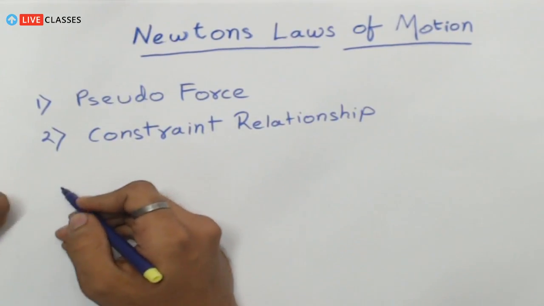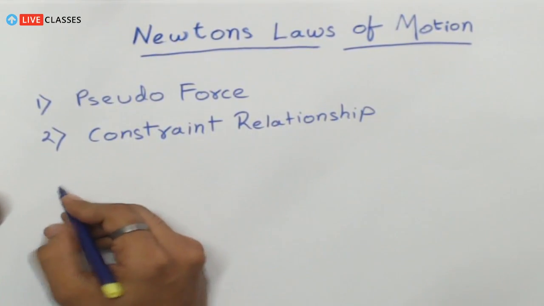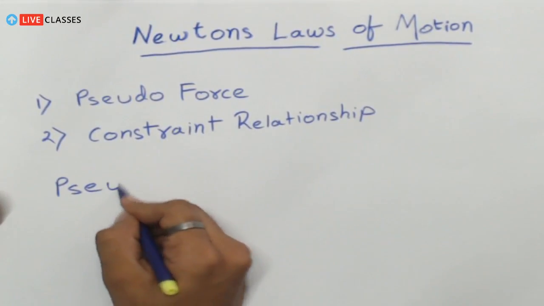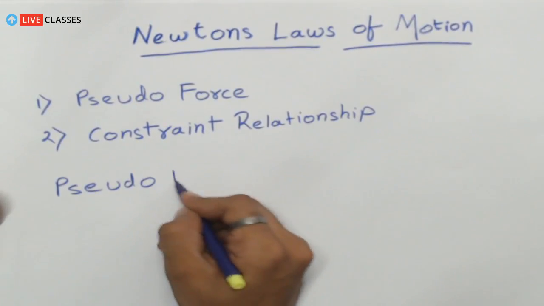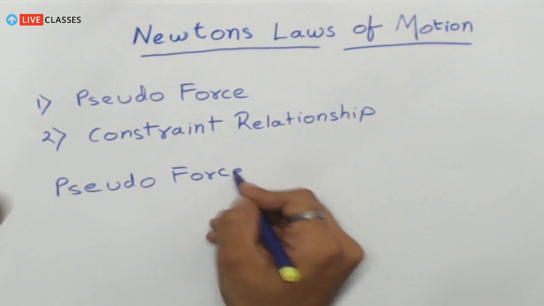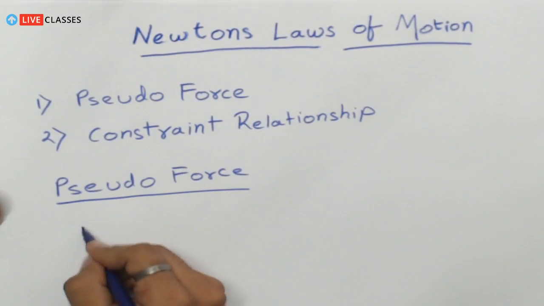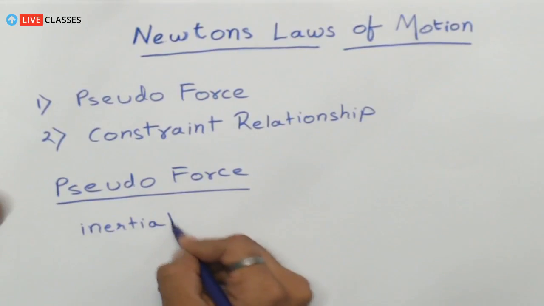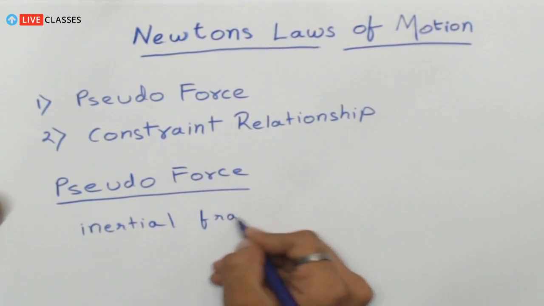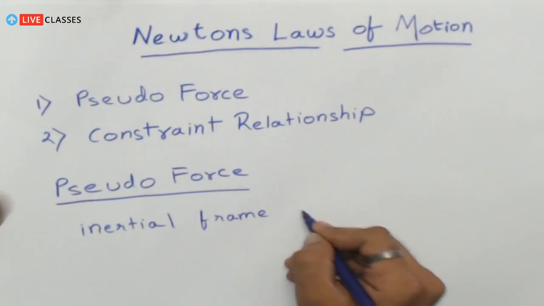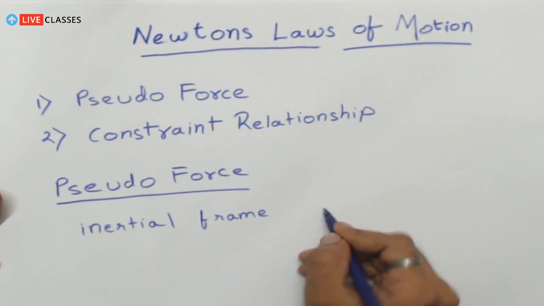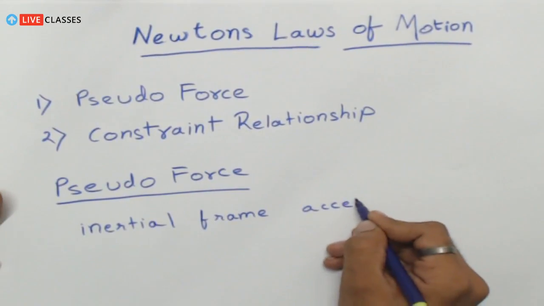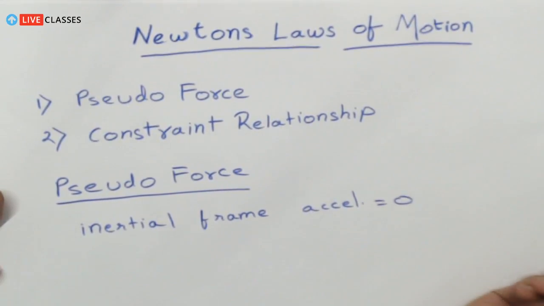Guys, do you remember what is the difference between inertial and non-inertial frame? First we will do a little recap of what is inertial and non-inertial frame. So in short, inertial frame is a frame in which acceleration of the frame is equal to 0.